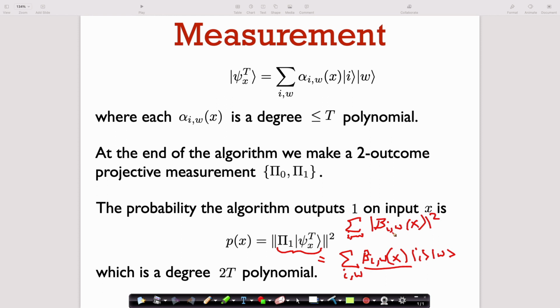Since each beta_iw(x) is a polynomial of degree at most capital T, this norm squared will be a polynomial of degree at most 2 times T. And we have a sum of such polynomials. The result is again a polynomial of degree at most 2 times T. So that's the conclusion, that our polynomial p(x) has degree at most 2 times T, and that's what we wanted to show.